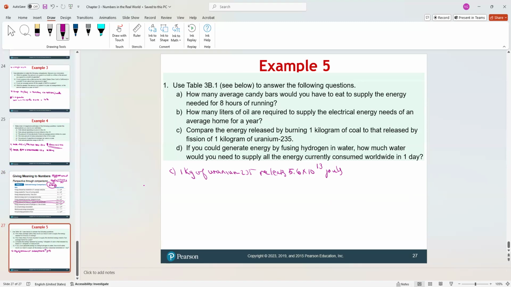Which is about 35,000 times as much as the energy released by 1 kilogram, I'm going to put kg, of coal.